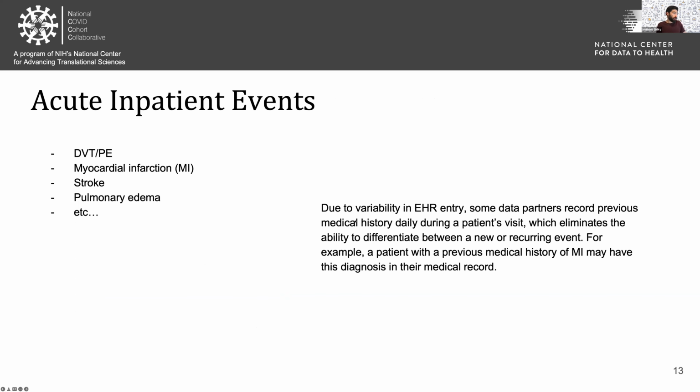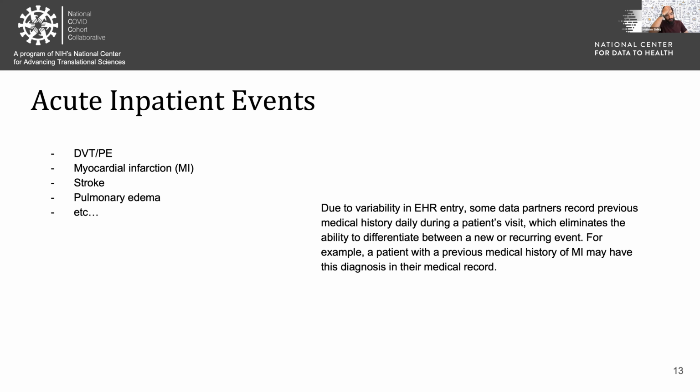Another outcome, for example, could be an acute inpatient event, whether it's DVT or PE or an MI, stroke, pulmonary edema, et cetera. In that case, you have to look at the reporting pattern of a specific data partner. So some data partners might record prior medical history daily during a patient's visit, which essentially eliminates the ability to differentiate between a new and a recurring event.